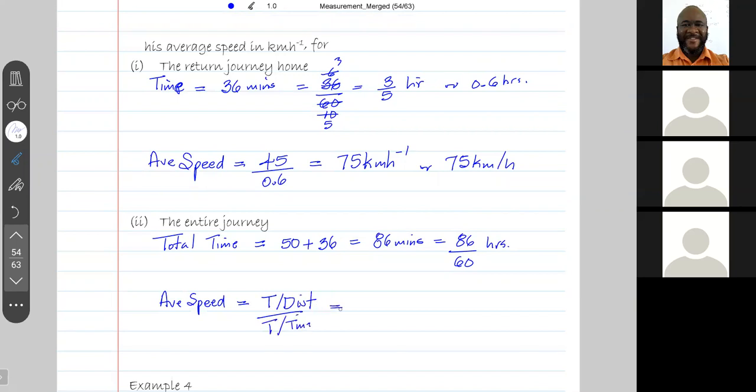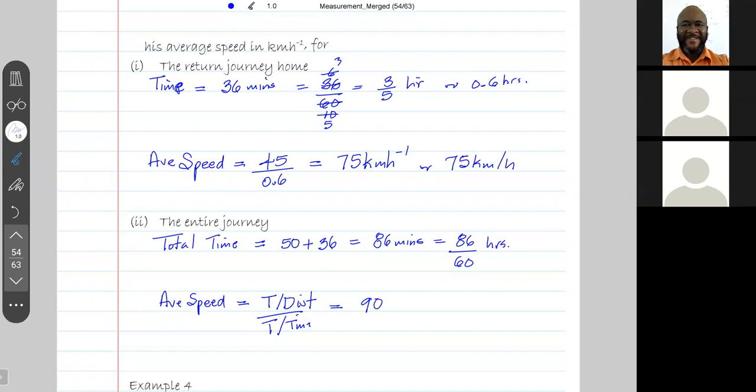Now, the total distance is 90 kilometers, that's 45 kilometers to school, 45 kilometers going back home, divided by the total time, which is 86 over 60. I didn't reduce the fraction. So this is 90 over 1 multiplied by 60 over 86.